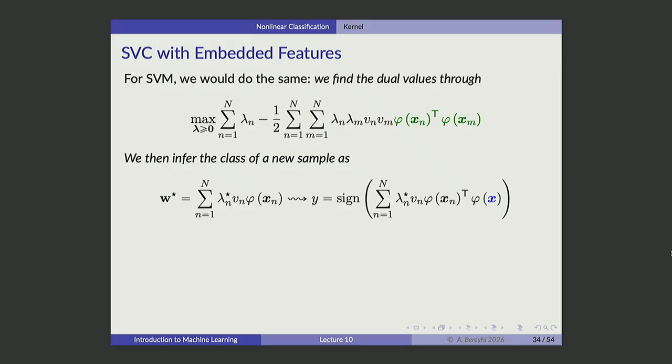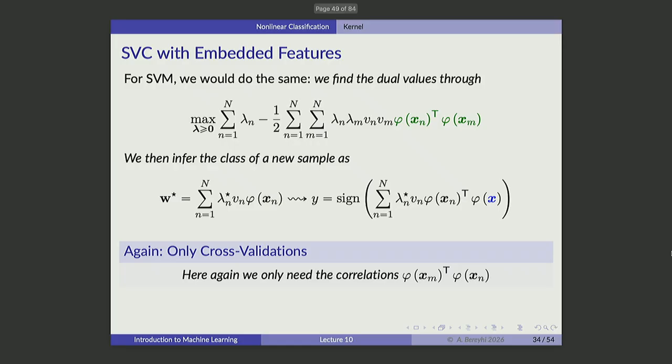This is the only thing you need to know. Phi is high dimensional, but what about phi transpose times phi? It's just a number, a scalar. The inner product is the cross-correlation of the features. You see that?